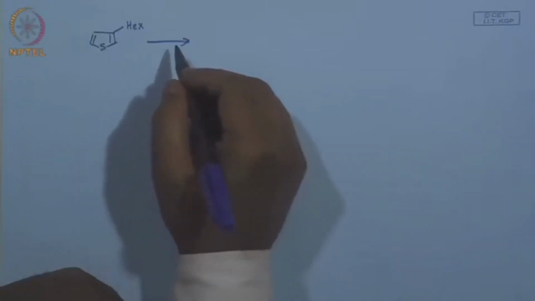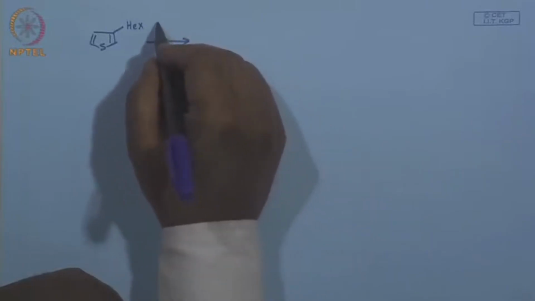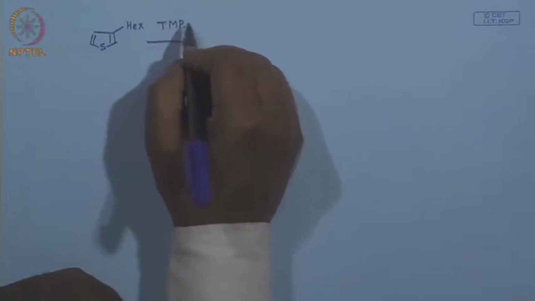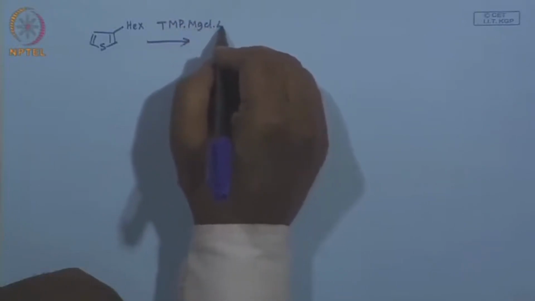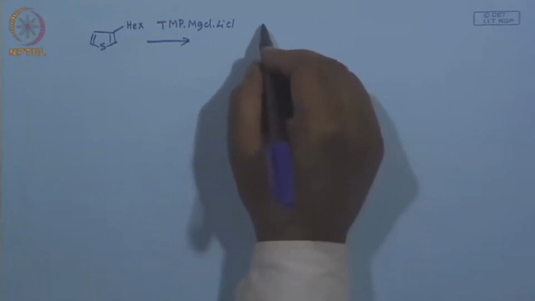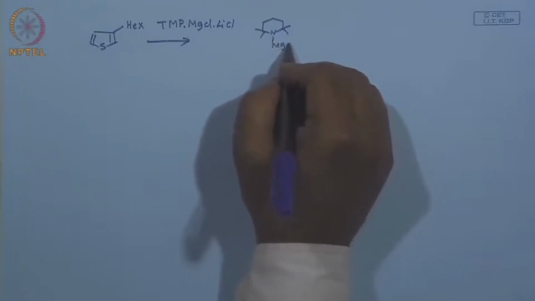Now, to make the Grignard, the reagent that has been used is TMP, magnesium chloride and lithium chloride. Do you know what it is? It is tetramethylpiperidide, with magnesium chloride and lithium chloride.